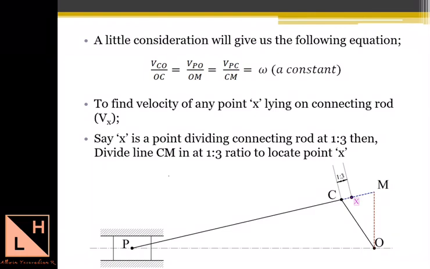So if I want the velocity of point x, which is at a distance of 1:3 in the connecting rod, you locate that point on this edge cm at a distance of 1:3, which means that if cm is 30 millimeters, you locate point x at 1:3, that is 10 millimeters.